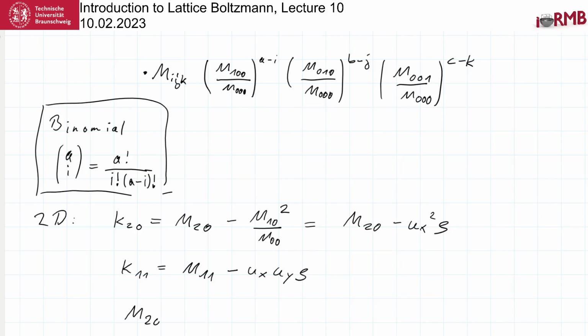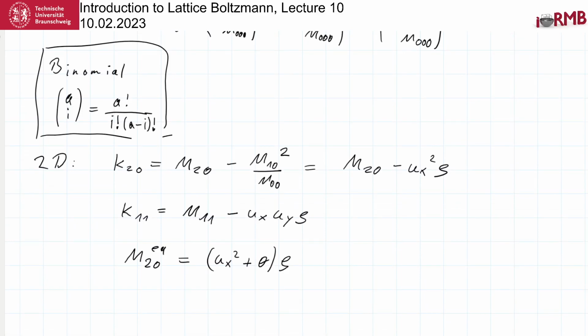If you look at the equilibrium M20, we know it's ux squared plus theta times rho. You should now actually know this by heart after listening to this lecture. There's the temperature in it, and then the square of the velocity. Physically, this is the thermal energy and this is the kinetic energy, and they are together in the second moment.